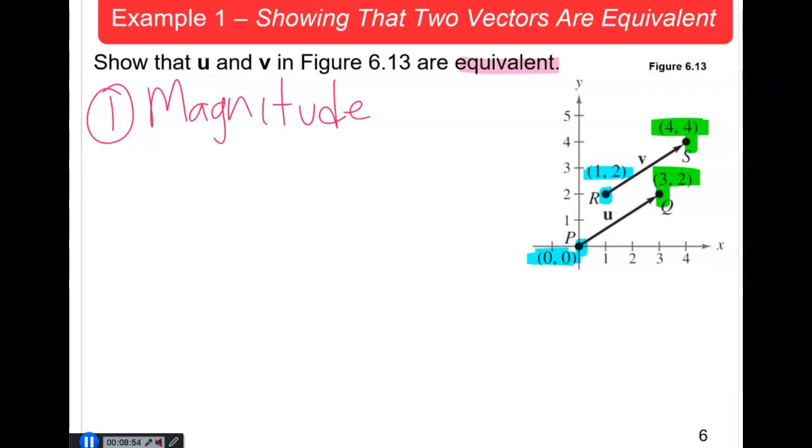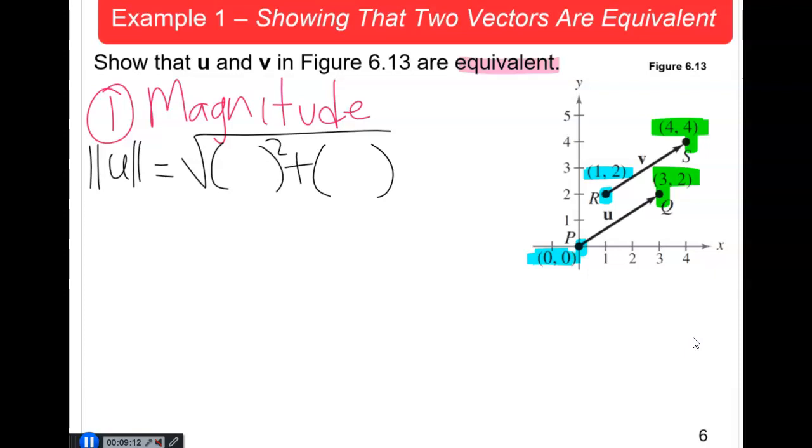So remember the symbol for magnitude. Let's work with vector u first. And we will have those double vertical lines on each side. And so it will be the square root of the square of the difference of the x coordinates.